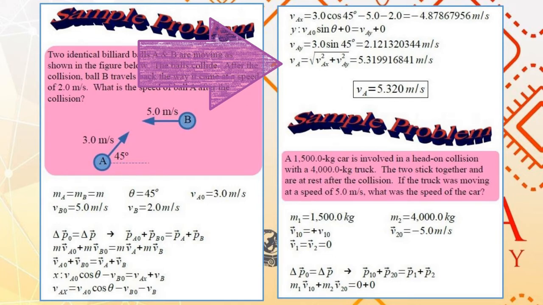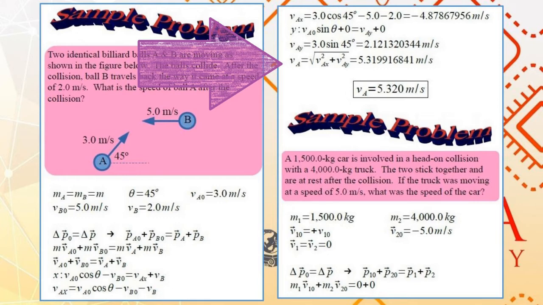Going now to the y component, the initial velocity of A, VA initial, is in the positive y direction. So we have positive VA initial sine theta plus 0. VB initial is horizontal, therefore no y component, is equal to VAY plus 0.